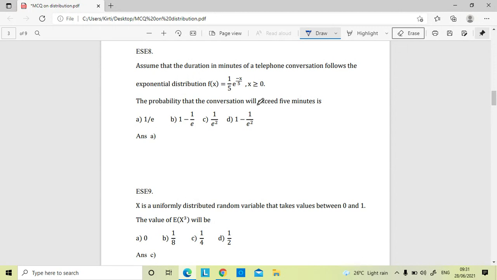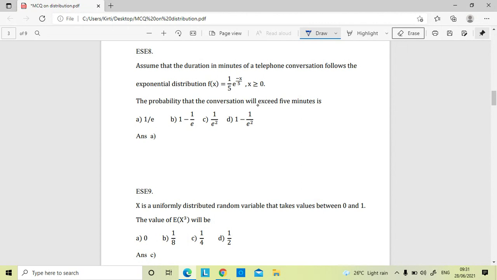And what is the other thing? The other thing is how to get it. So let's find out how to obtain this. First of all, you need to find out the formula of the exponential distribution.